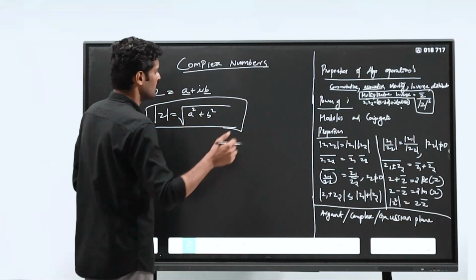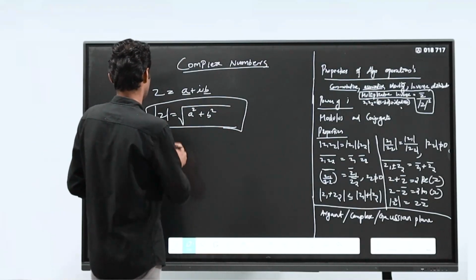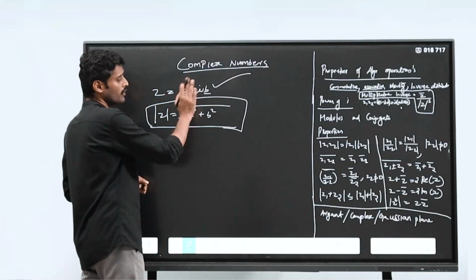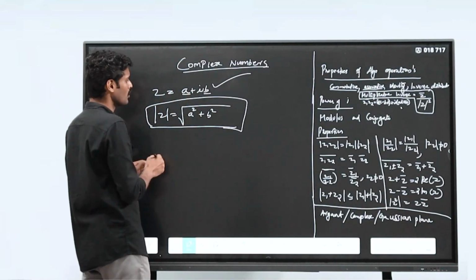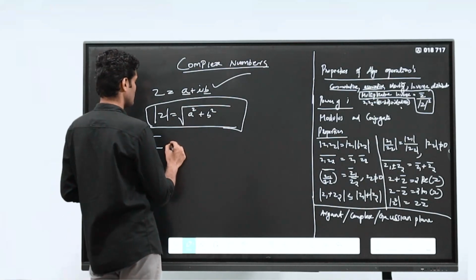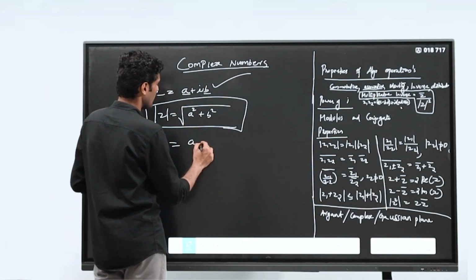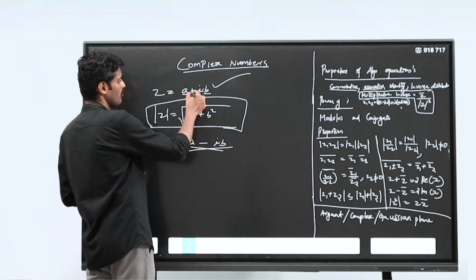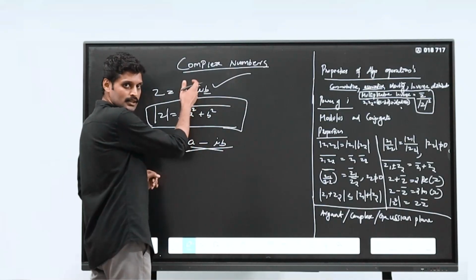Fine. Then the conjugate. If z is a complex number, z equal to a plus ib, then the conjugate z bar equal to a minus ib. Just reverse the symbol in the center.